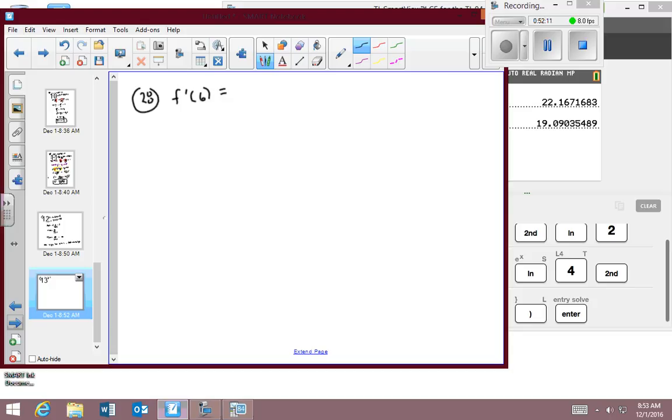That's what they want to know. So we got f of x equals 3 ln of 4x minus 2 ln of 3x.